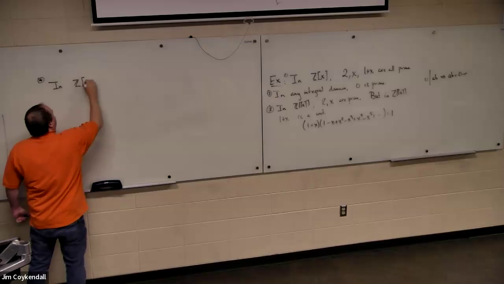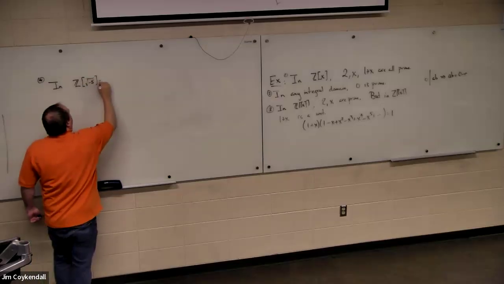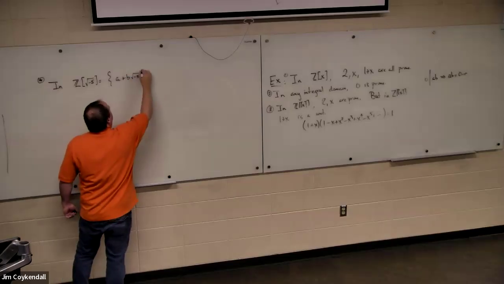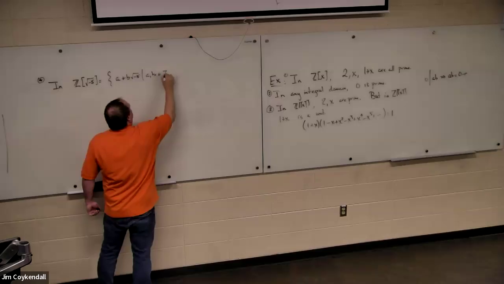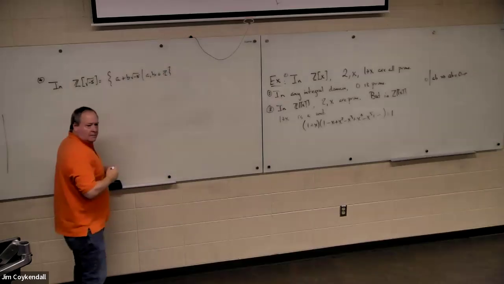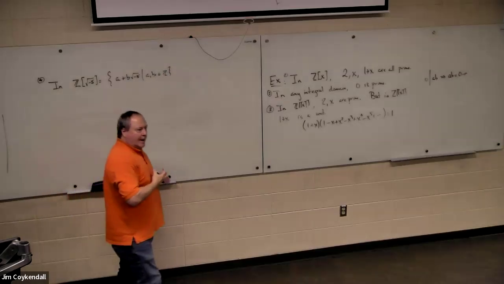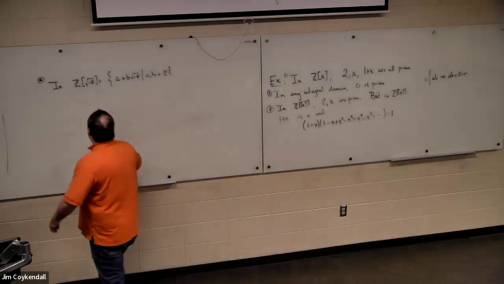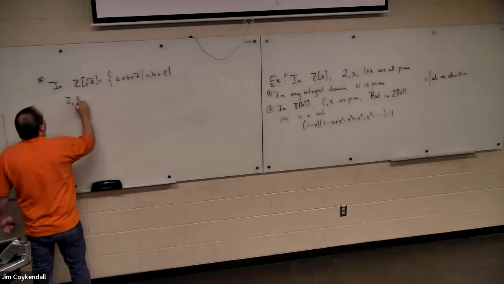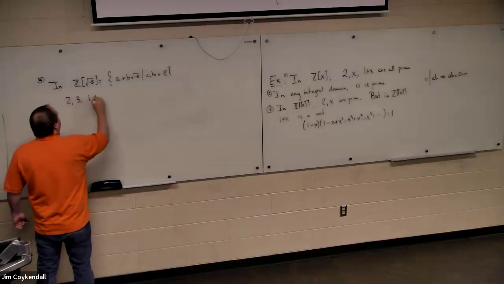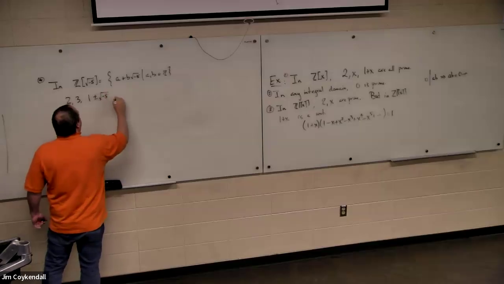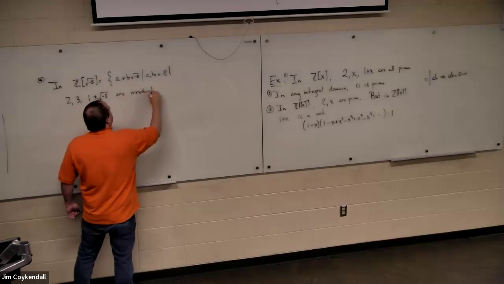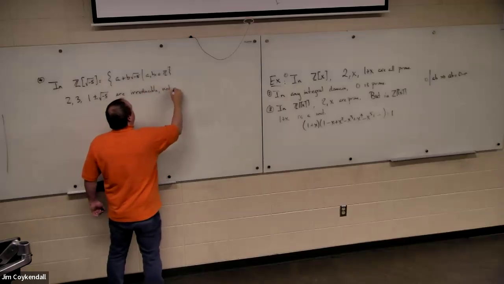If you consider this ring right here, this is all complex numbers a plus b square root of -5, where a, b are integers. Notice this is an integral domain. It contains the integers. The elements 2, 3, and 1 plus or minus square root of -5 are irreducible, but not prime.